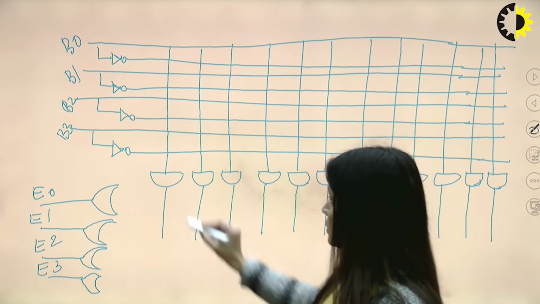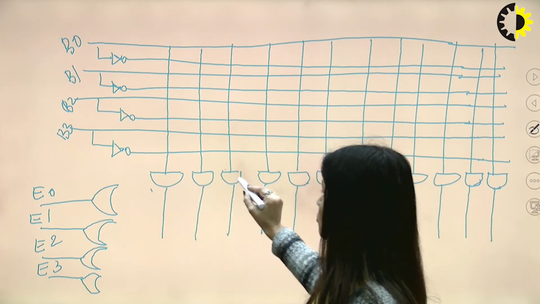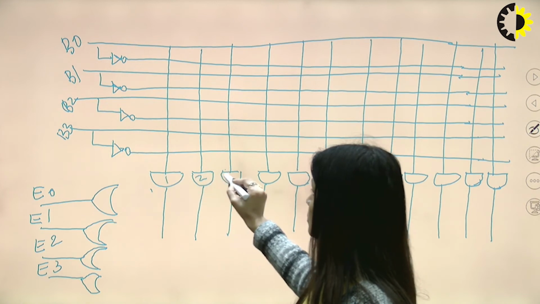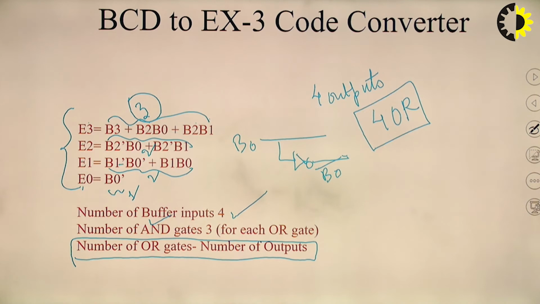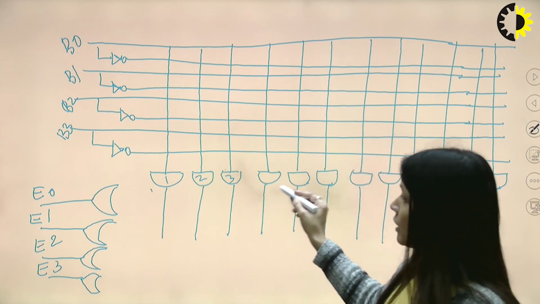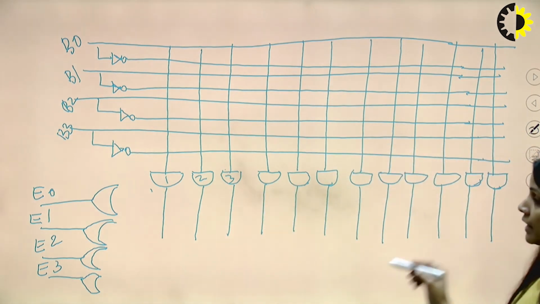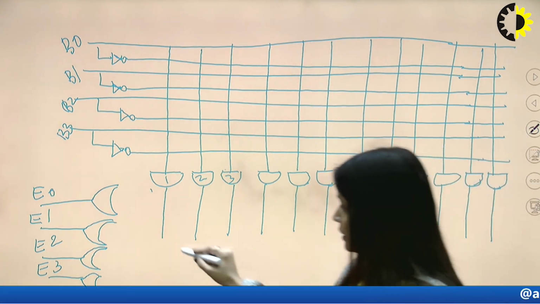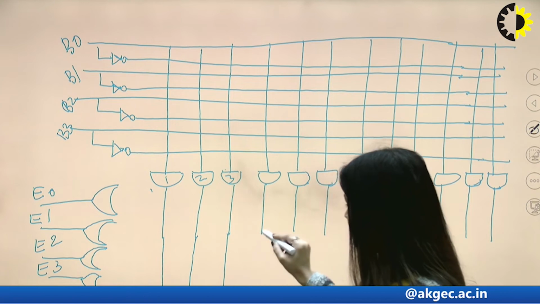So these three AND gates, 1, 2, 3, 1, 2, 3, these 3 AND gates are for E0, and these 3 AND gates are for E1, these 3 AND gates are for E2, and these 3 AND gates are for E3. Now let us complete the circuit by making all the connections.